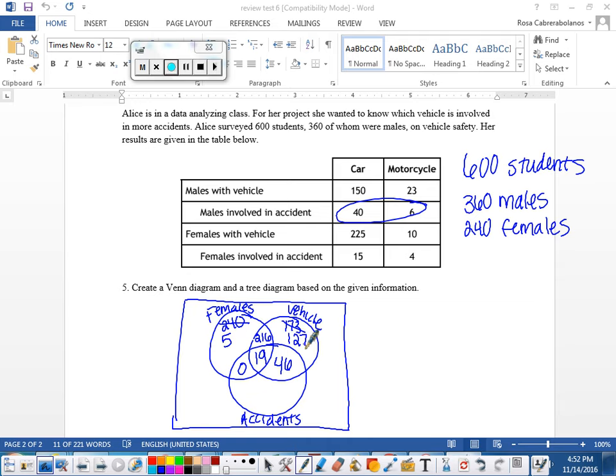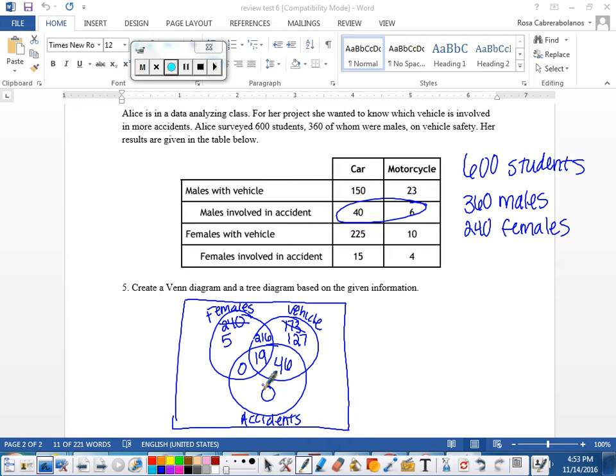Okay, you can check the math. I don't have a calculator right now. Hopefully I'm doing it right. I don't want to spend all that time figuring it out. So if it's wrong, I'm sorry. Just fix it on your paper. I'm not interested in males that have an accident and they don't have a vehicle, so that one's going to be 0.